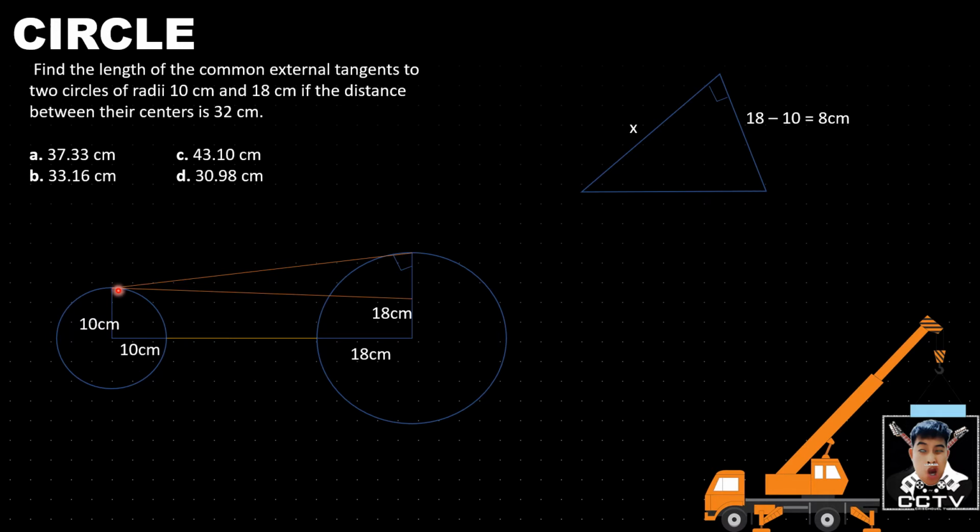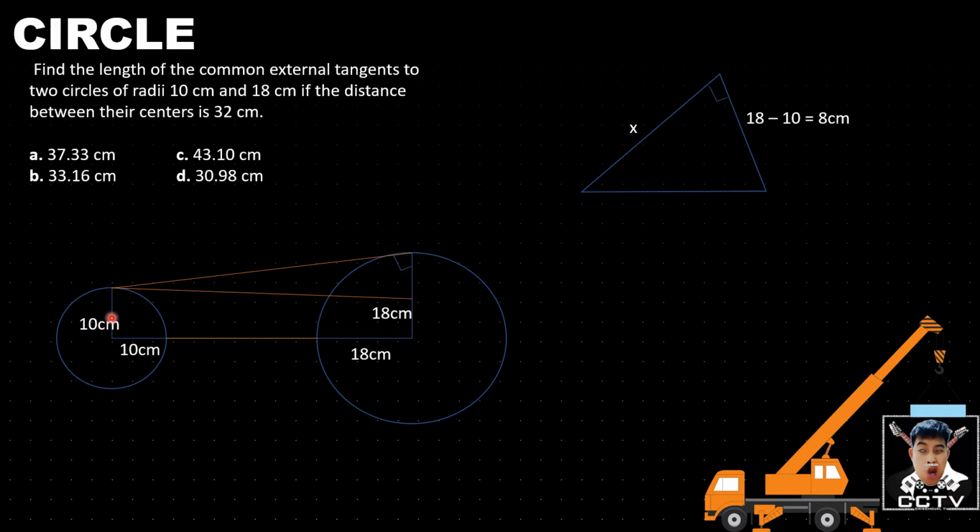And always yung tatandaan na ang common external tangents, pag connect yan sa radius ng isang circle, that is 90 degrees. Kahit ito, 90 degrees din to. And of course, itong line na to is the x. And this one is 18 ito.